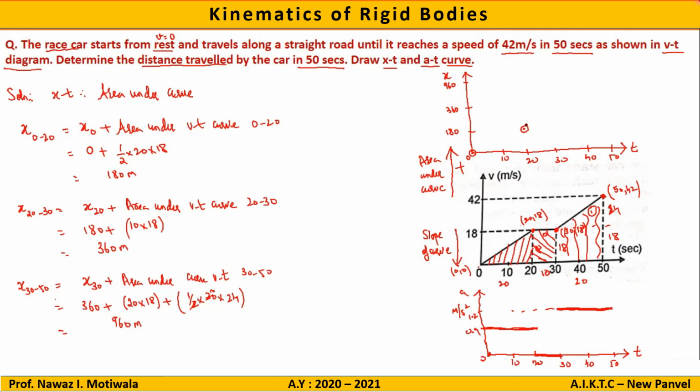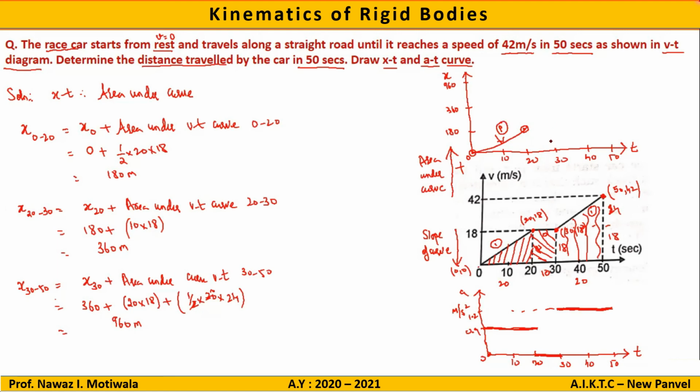Now how to join these points? Look at the VT diagram. In the VT diagram, the slope or the degree of this line is 1, and we know that as we go upside the degree increases. So these 2 points will be joined by a second degree curve, that is a parabolic curve.